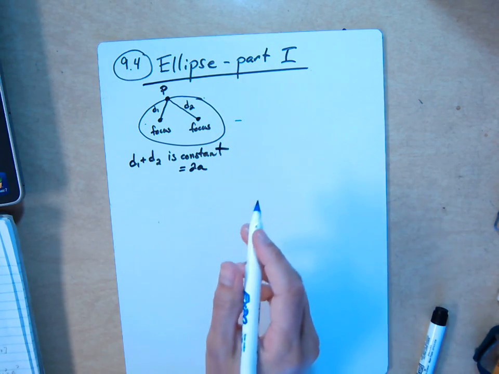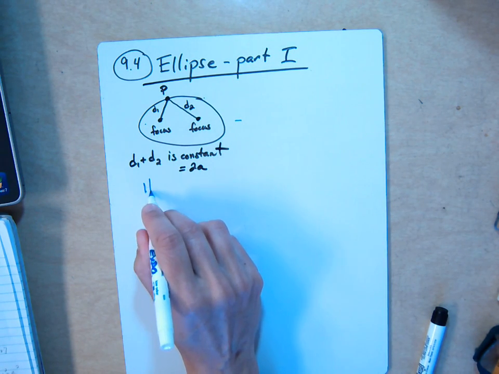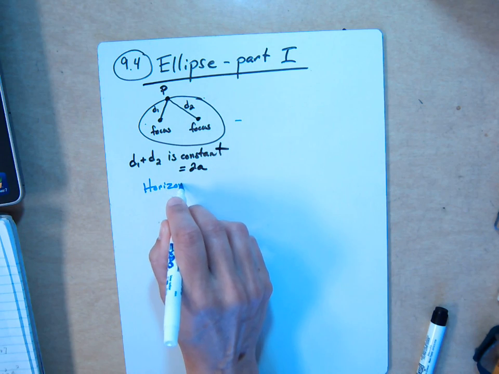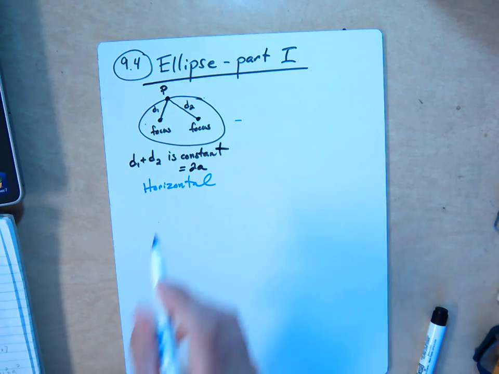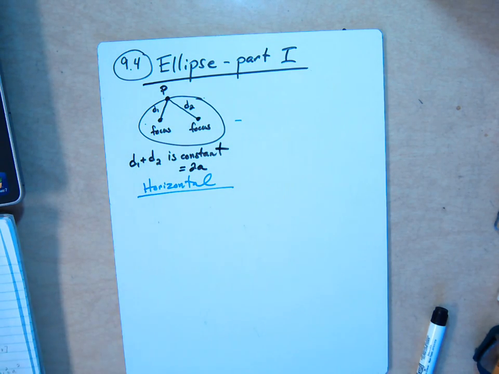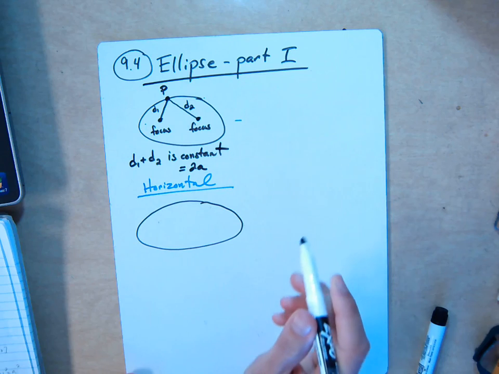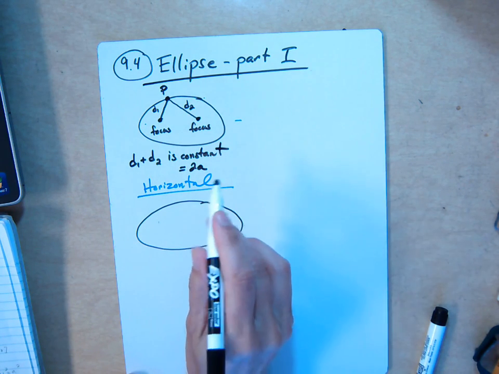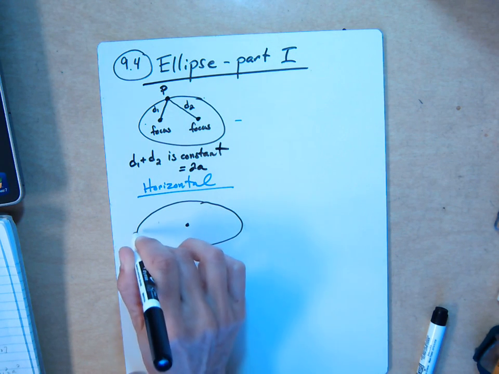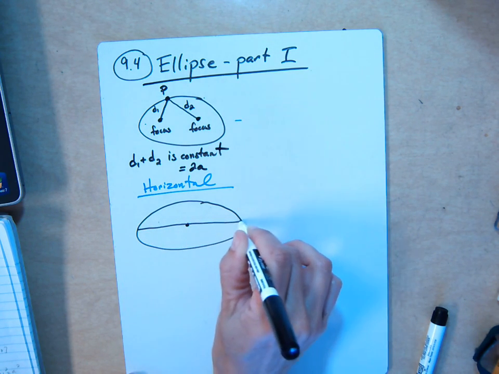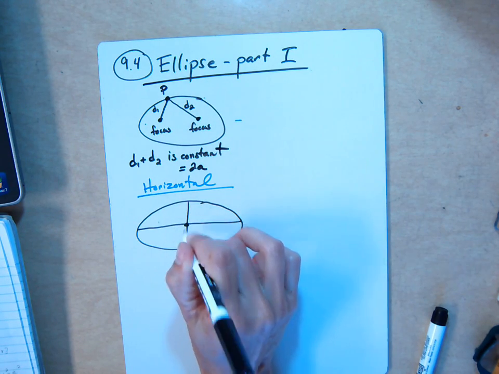So let me break everything down for you. There's two orientations for this ellipse. One is horizontal, like the egg is on its side. So here's the horizontal orientation, and we have this terminology. It's easy to remember though. If this is the center, this is known as the major axis, the longer one, and this is known as the minor axis, the shorter one.